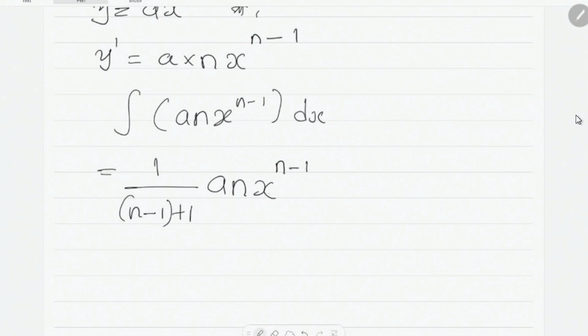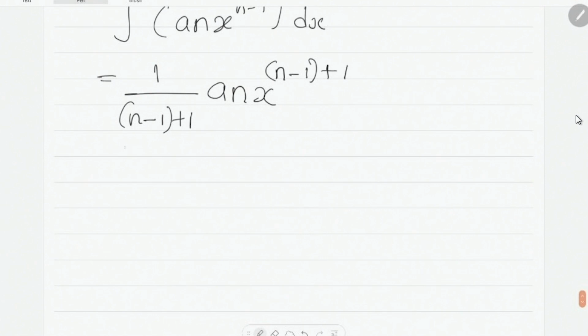The power of x, n minus 1, I will also add by 1. When I'm integrating, I'm adding. So when I simplify, I get 1 over n minus 1 plus 1, which just gives me n, then a n x, and the power will just be n.